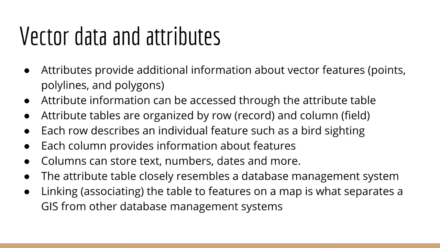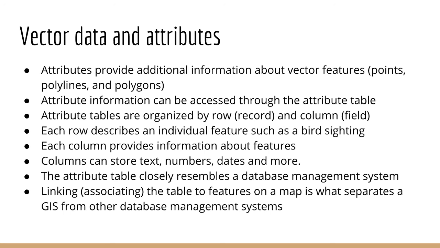You'll also hear them referred to as geometries sometimes, just to further complicate the situation. A lot of vocabulary. So these points, lines, and polygons are geometries, they're features, and we have database information that describes those features. In the GIS world, we call that database information attributes.